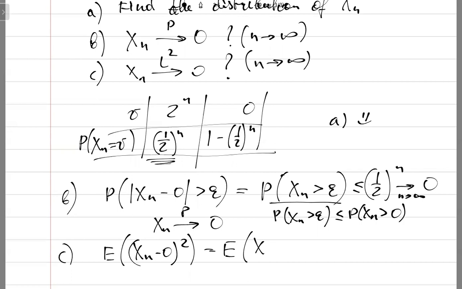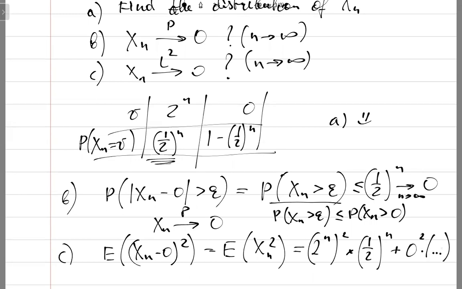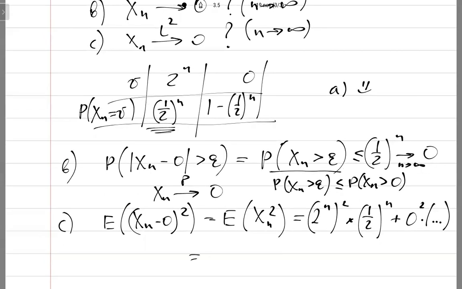Okay, so now with expected value, xn squared. I have 2 to the power n squared multiplied by the probability 1/2 to the power n, plus 0 squared times something. And I will have 2 to the power n. And when n tends to infinity, this doesn't go to 0.